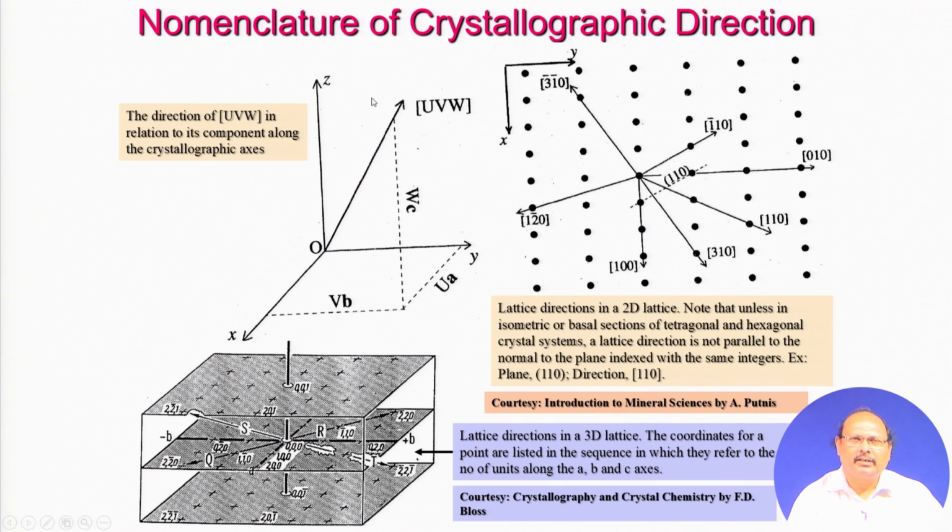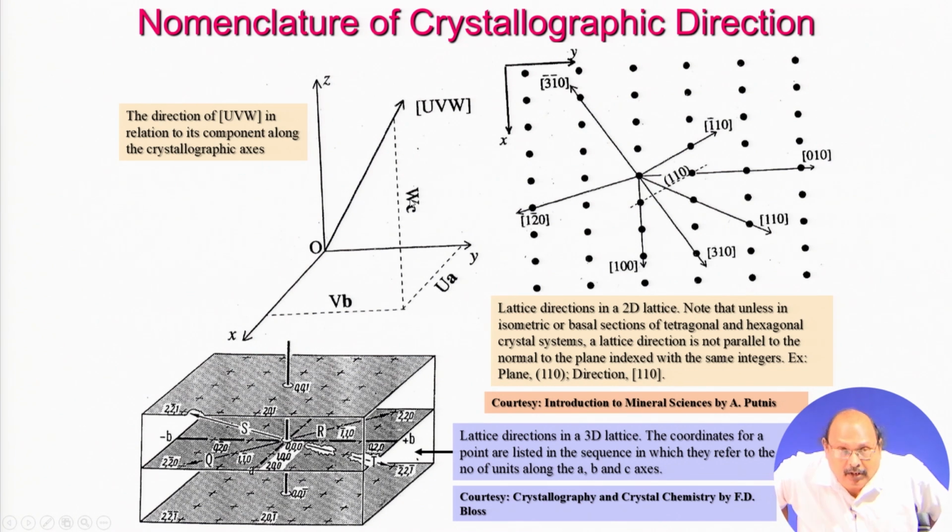If this is a direction which we tell as U V W, then if we draw a perpendicular from this point to this horizontal plane and it intersects at this point, and 2 parallel lines are drawn, parallel to this axis, this line, and parallel to this axis, this line here, then u will be this coordinate or this distance from the origin, whereas v will be this distance along the b axis, and this distance is w along the c crystallographic axis.